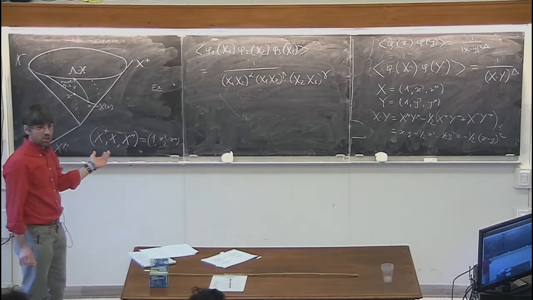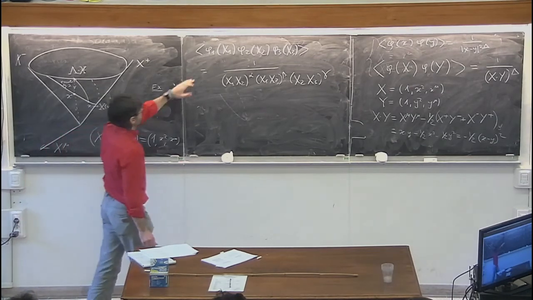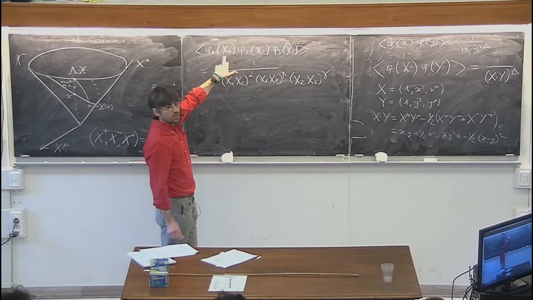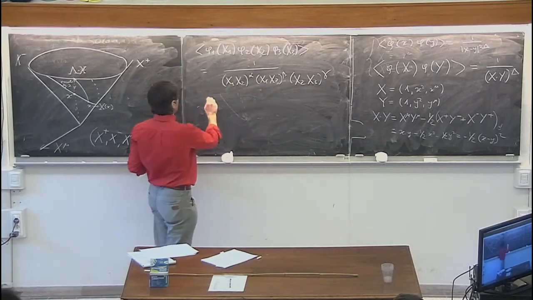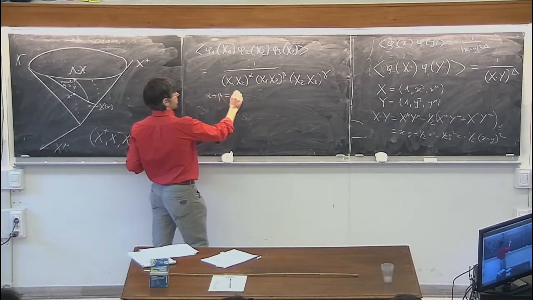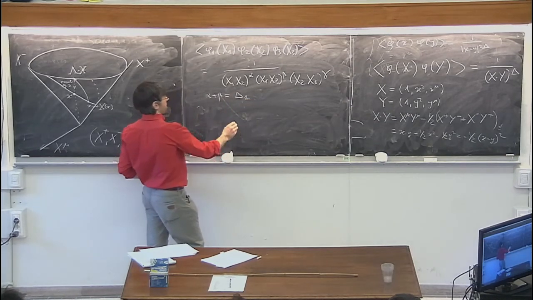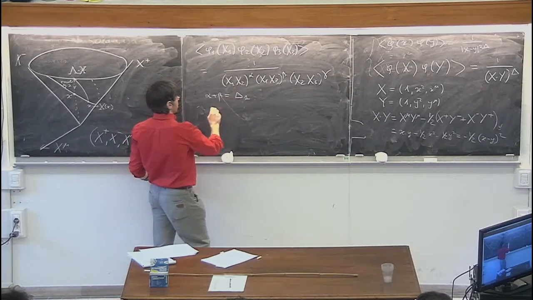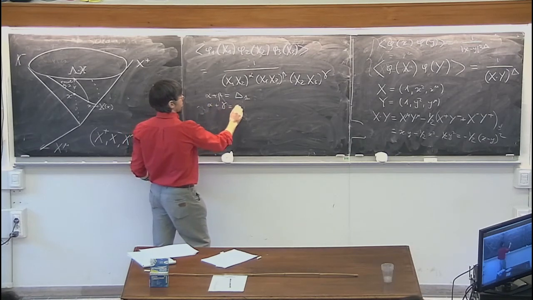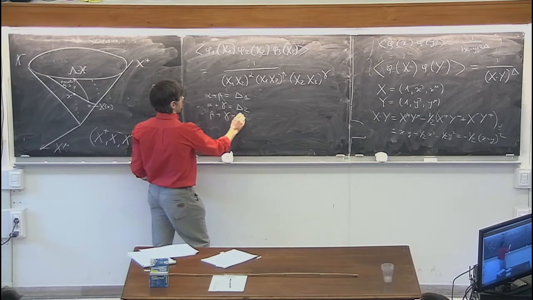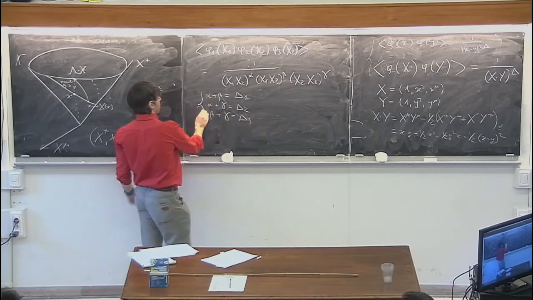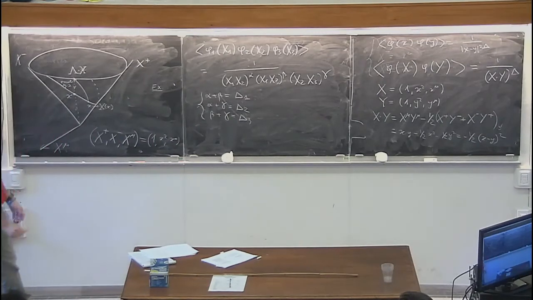But now I have to impose scaling. If I rescale x1, I have to get lambda to the power delta 1. So it means that alpha plus beta has to be equal to delta 1. And analogously, alpha plus gamma has to be equal to delta 2, and beta plus gamma has to be equal to delta 3. So we have three equations on three unknowns. We solve them.